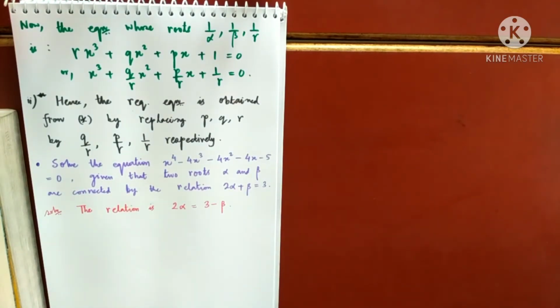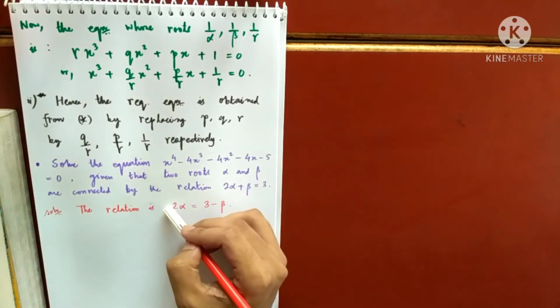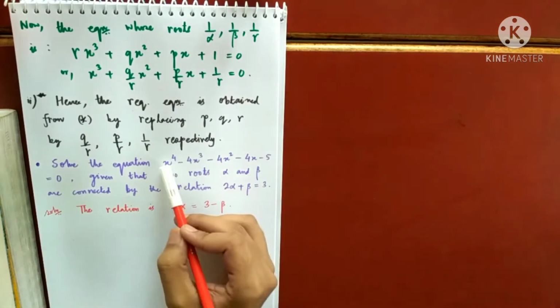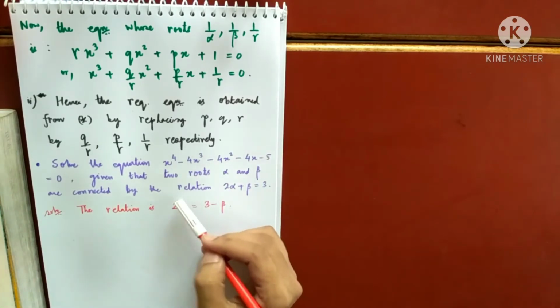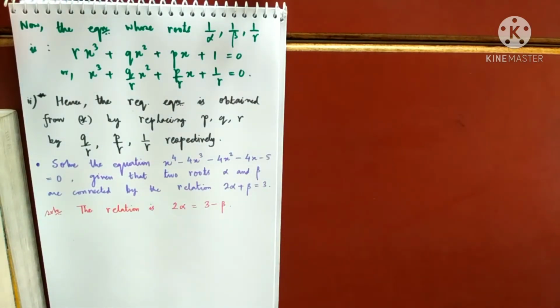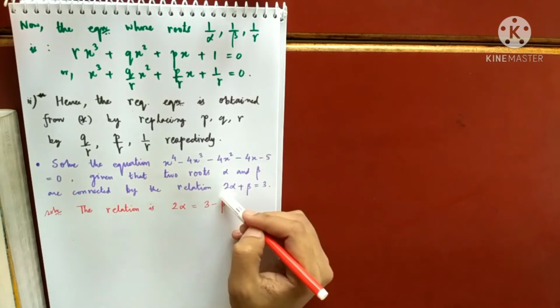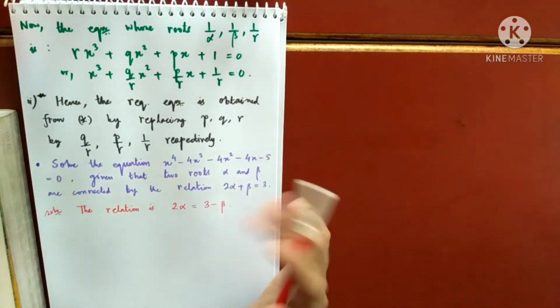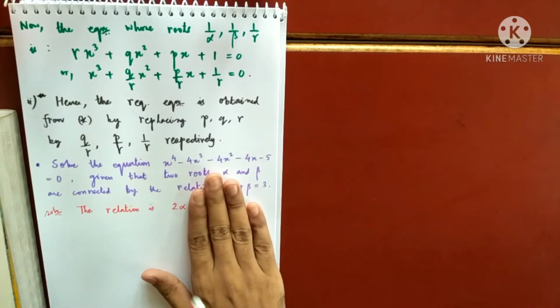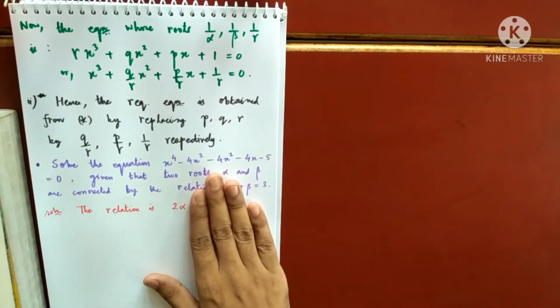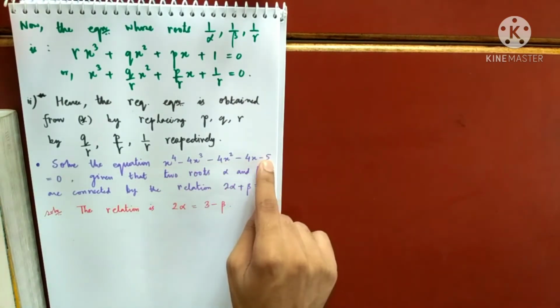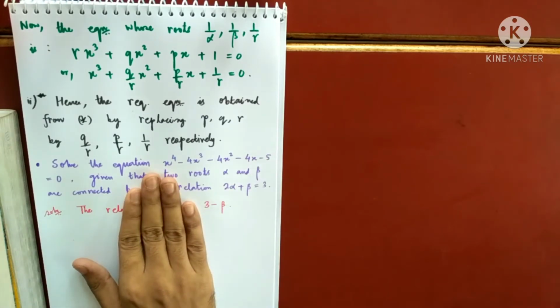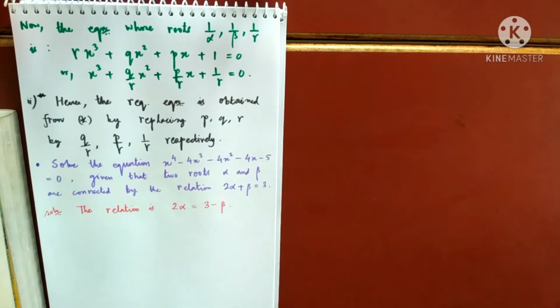Now I'll find the equation whose roots are twice the roots of this equation, that means 2 alpha, 2 beta, 2 gamma, 2 delta. And I'll find the equation whose roots are of the form 3 minus beta. So simply look here: I will find the equation whose roots are double the roots of this equation, and I'll find the equation whose roots are 3 minus alpha, 3 minus beta, 3 minus gamma, 3 minus delta.